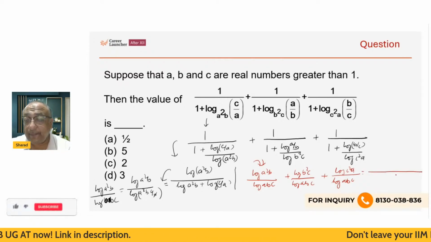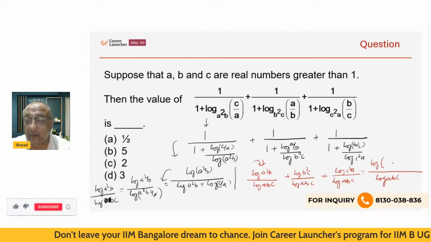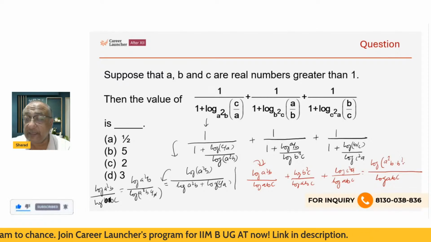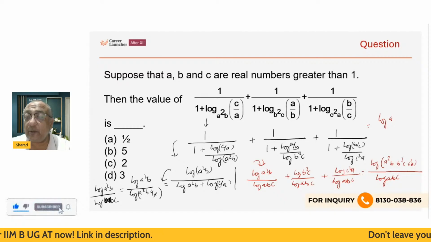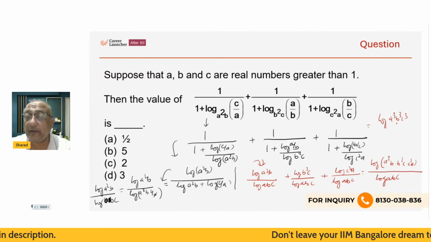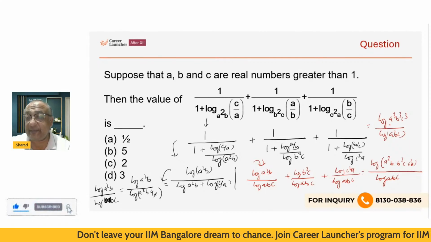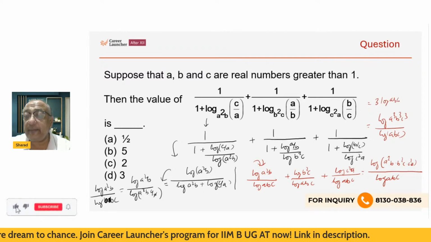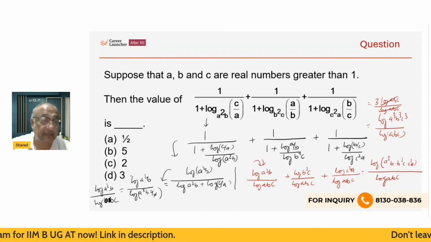My denominator is the same, and all these logs are added, so I can write one log where all these terms are getting multiplied: a square b into b square c into c square a. Oh, very nice. So this will become log a cube b cube c cube upon log abc. So जल्दी में आके abc काट नहीं देंगे. This is abc ka whole cube, so 3 will come out. 3 log abc upon log abc. This will get cancelled. I'll get my answer as 3.